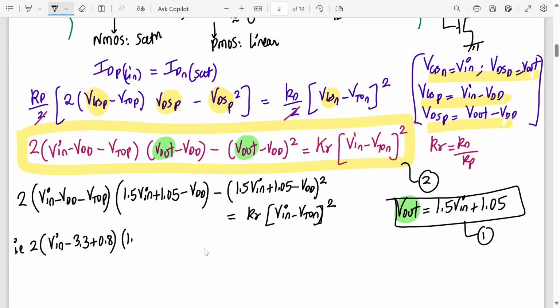Then here we have 1.5 Vin plus 1.05 minus 3.3. Here again 1.5 Vin plus 1.05 minus 3.3 the whole square. Kr is 2, right? So 2 times Vin minus 1 the whole square. Okay, understood this?